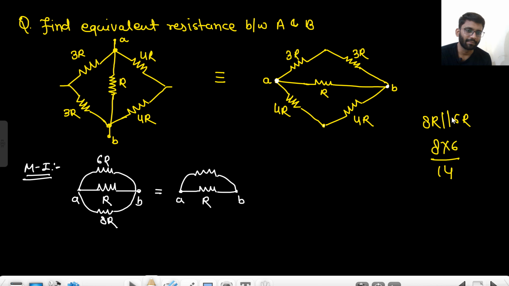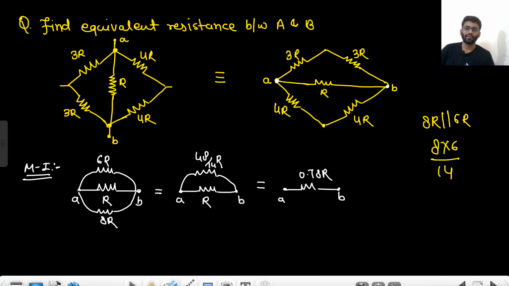So 8R in parallel with 6R will give me 48 by 14R, and then between A and B we have 48 by 14R parallel to R. It will give me around 0.78R. This will be our answer, around 0.78R.